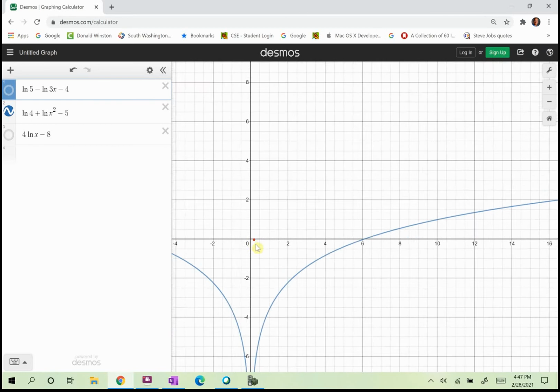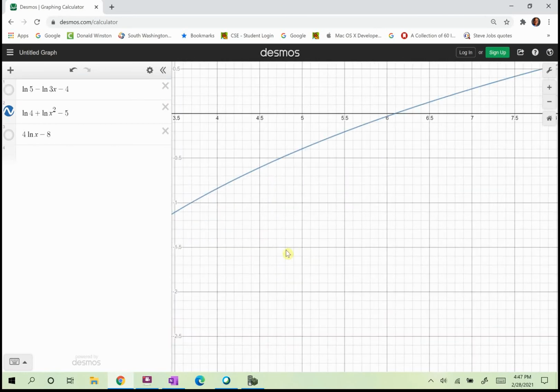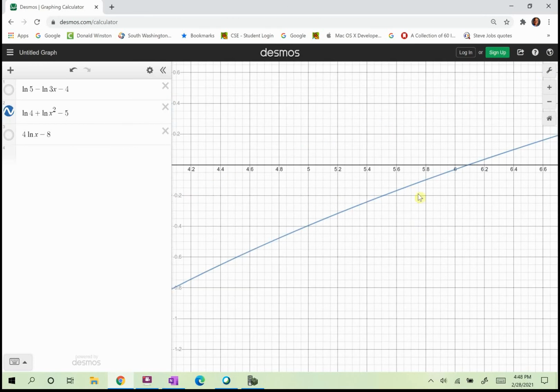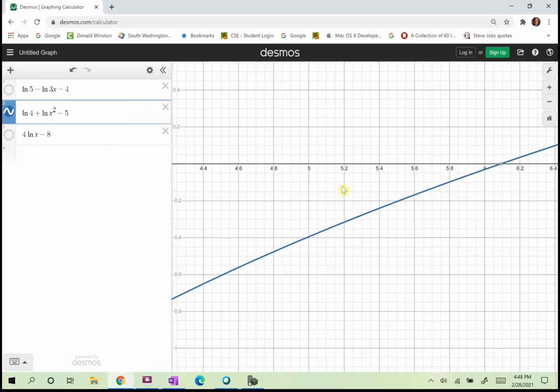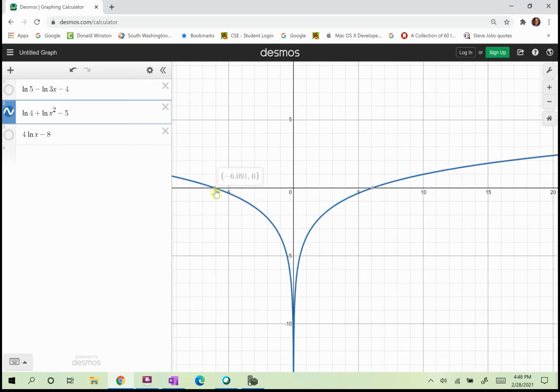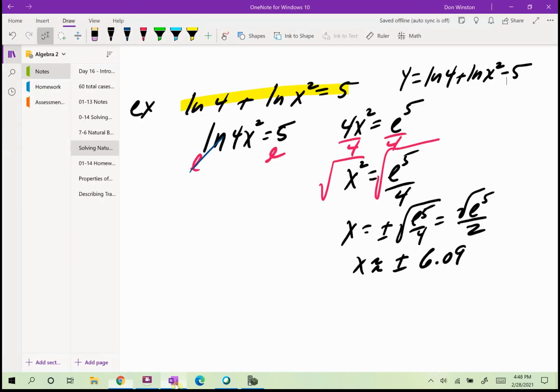There it goes, it's coming into view. Zooming back in, that was about 6.091, and on the other side, negative 6.091. So let's check. Yep, plus or minus 6.09.